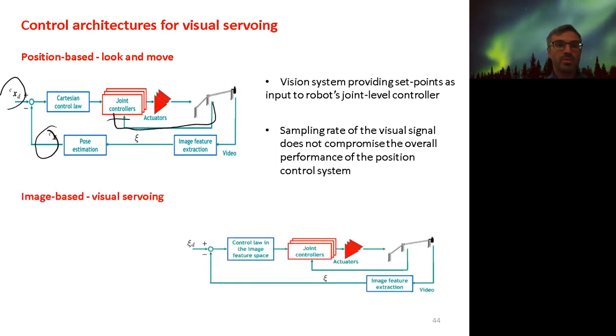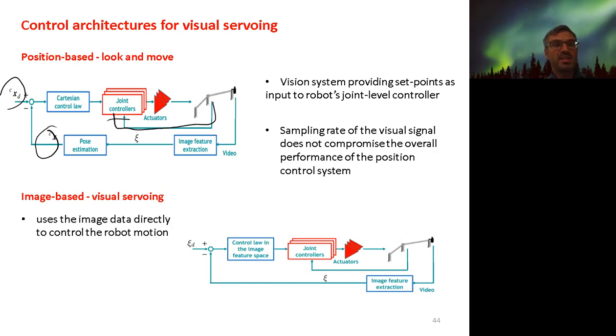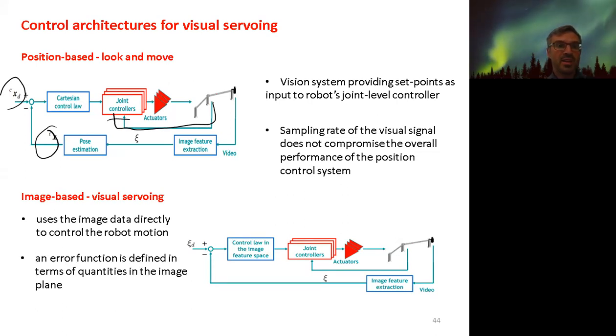While the other approach is what I drafted for you before, the image-based one, which is visual servoing. In this case, we close the loop directly on the image data, and we create, for example, an error function defined in terms of quantities in the image plane. So we have some feature, we want to track this feature, we have an error in the image plane.